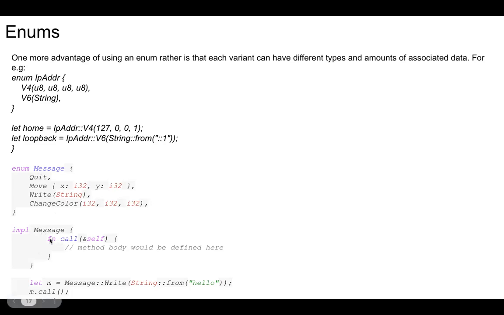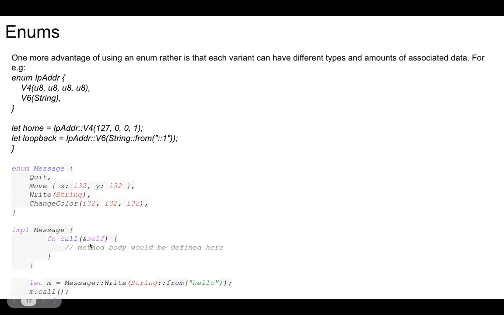So this function call, since it's a function or a method, the first parameter is self, which is automatically passed by Rust, but you have to mention it here as self, and say message.write, string hello, and m.call. So see here, you have declared an enum, you implement that enum, you add a function.